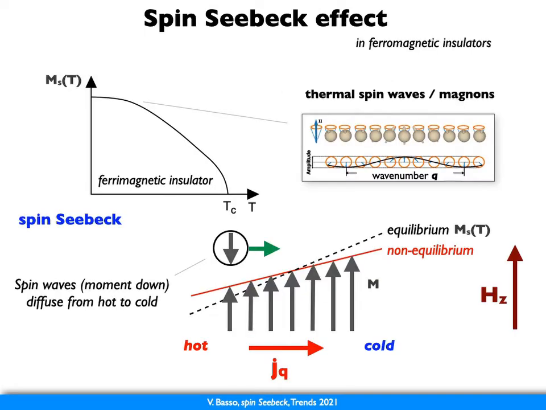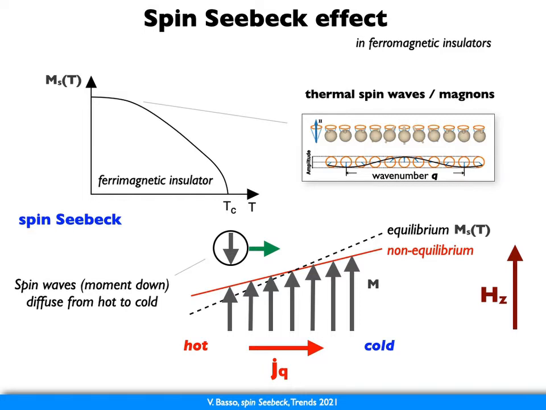Why do we have this effect in a ferromagnet? Essentially because at non-zero temperature we have thermal excitations, and these are thermal spin waves. Thermal spin waves have a certain velocity, they can diffuse from one side to the other.